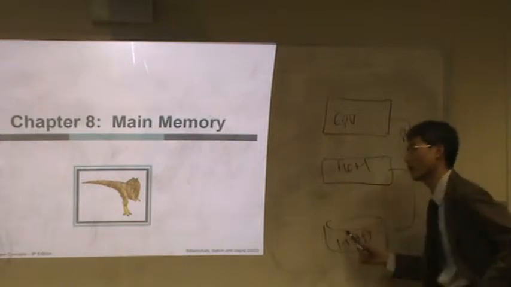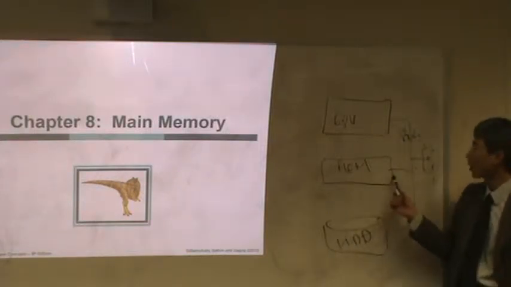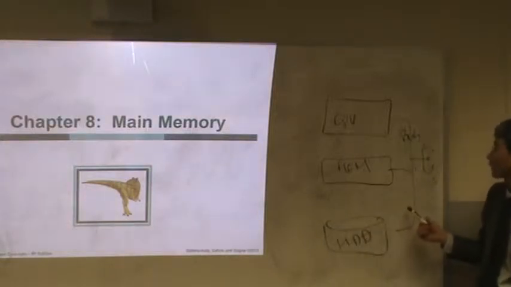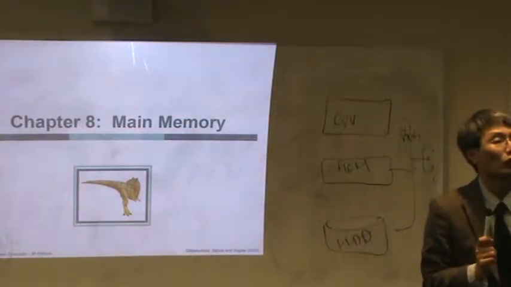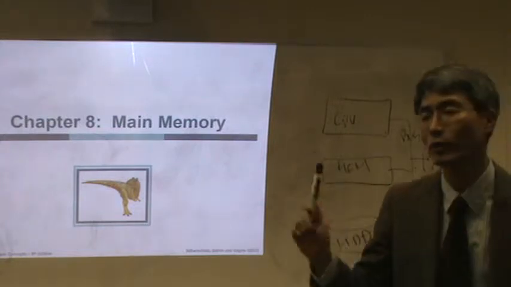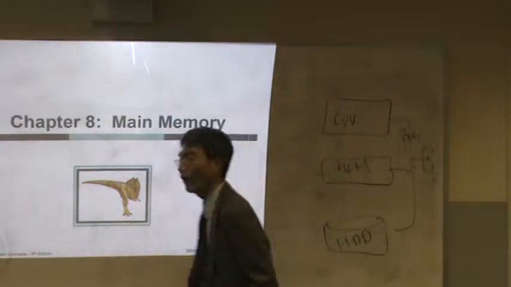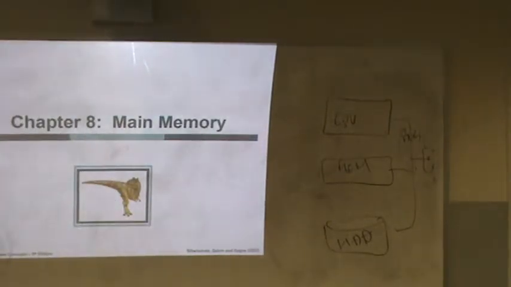Compared to the hard disk drive, it's much more expensive. So we still need to keep the memory as well as the hard disk drive. In the next two or three chapters, we will talk about how to manage the memory for better performance of the operating system.